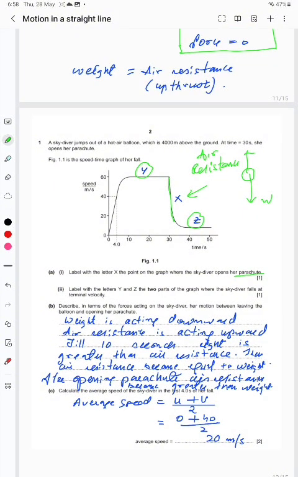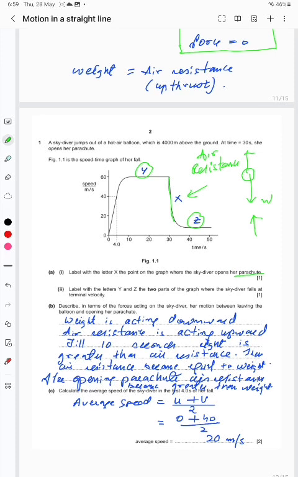Describe in terms of forces acting on the skydiver the motion between leaving the balloon and opening her parachute. As I pointed out here, the two forces are weight and air resistance. So weight is acting downward and air resistance will act in the opposite direction, acting upward.